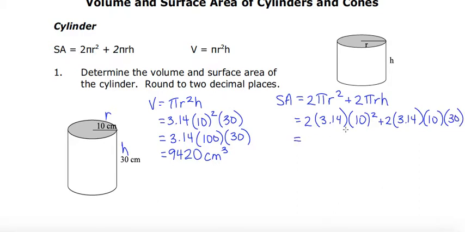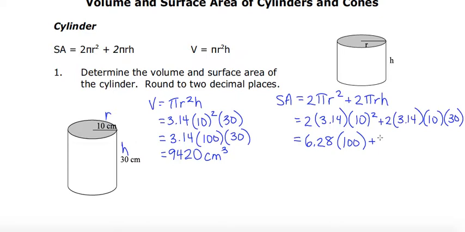I can multiply my 2 and my 3.14 together first to give us 6.28, and then I can multiply it by 100, which is 10 squared, and then I can multiply all 4 of those numbers together. So 2 times 3.14 times 10 times 30.